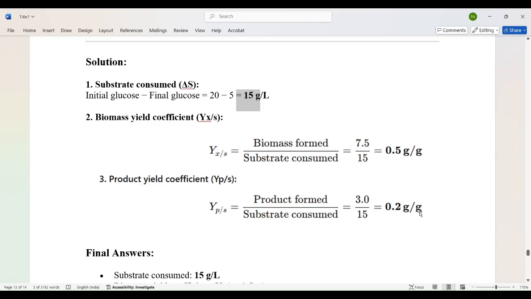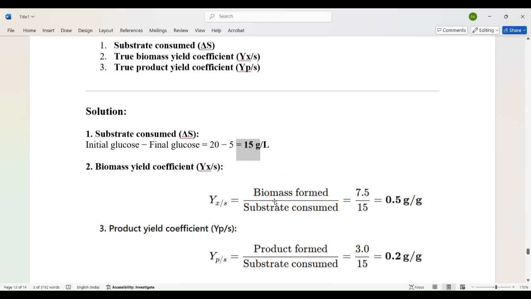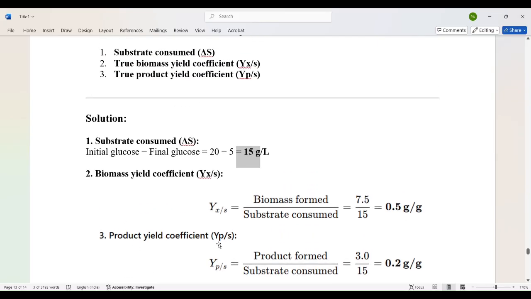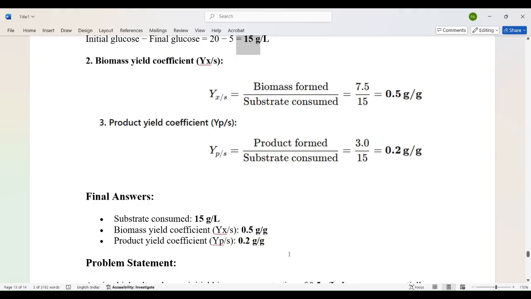So per 1 gram of substrate, we are having 0.2 grams of product, that is the product yield coefficient. All right. So the yield of product formation through this reaction is 0.2 grams produced per 1 gram of substrate, being 20% yield of the reaction.